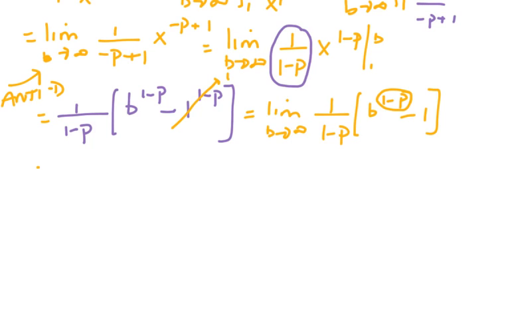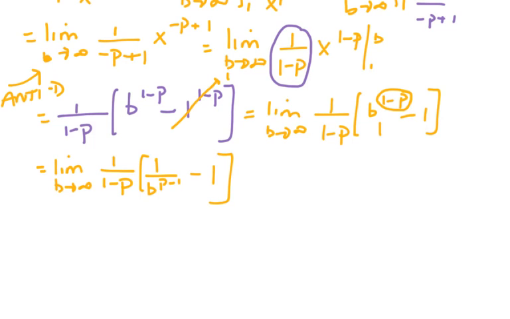This becomes the limit as b approaches infinity of 1 over 1 minus p times, to move that down, this becomes 1 over b to the p minus 1.